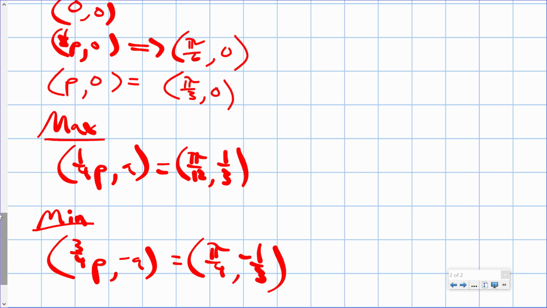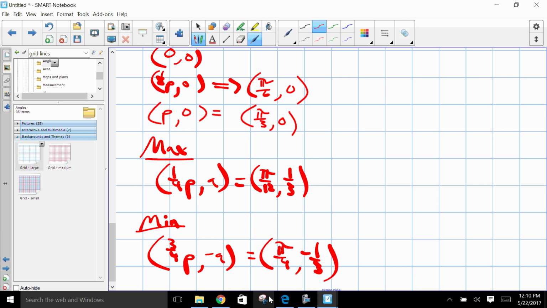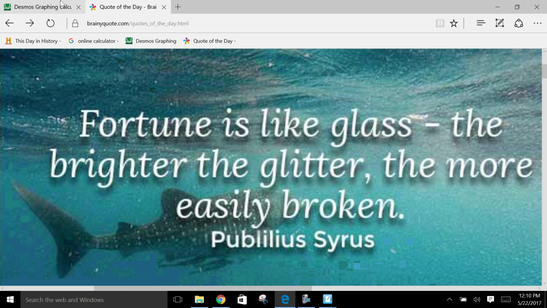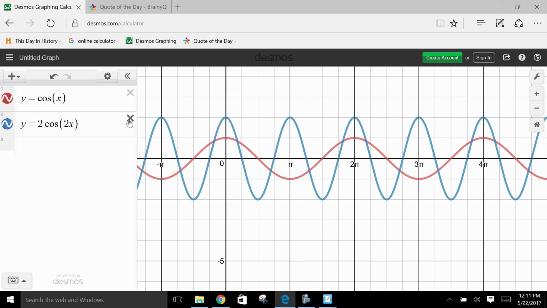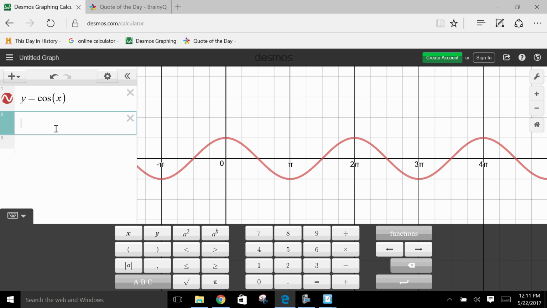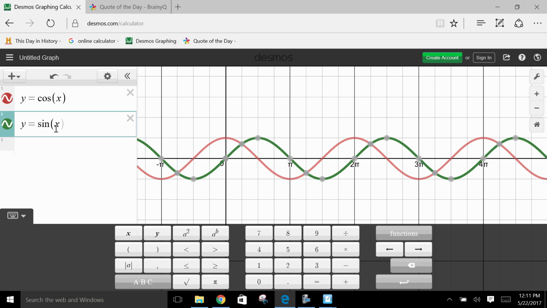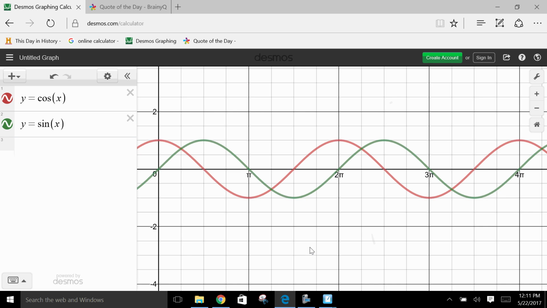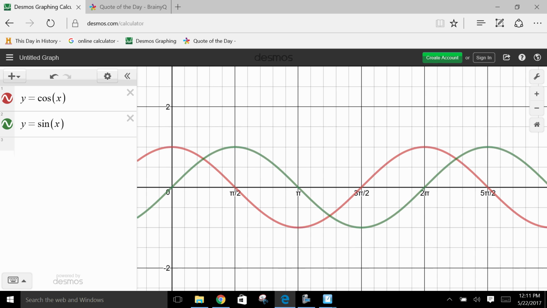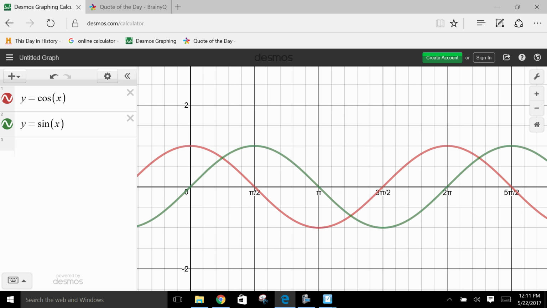Let me show you. I like putting them together here. Let me erase this one. Let me graph the sine next to it. Watch. Look at cosine and sine next to each other, and you can see the different features. It looks kind of cool too. Looks like a 3D wave or something, you know? So here's cosine and sine right next to each other.